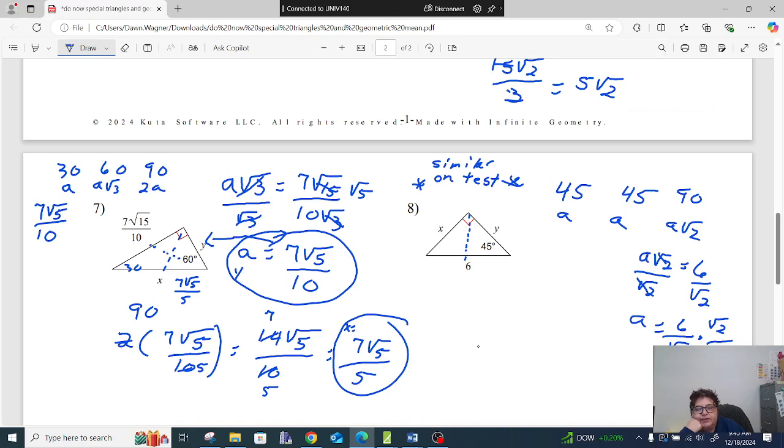The numerator becomes 6 square root 2. The bottom becomes 2. But then these two can cancel. 2 goes into 6 how many times? 3. So this is 3 square root 2, and this is 3 square root 2. So x and y are both 3 square root 2.